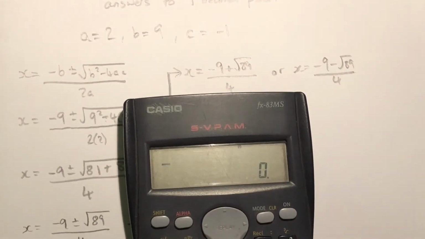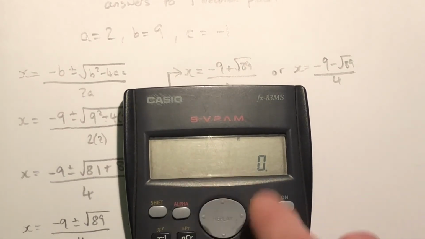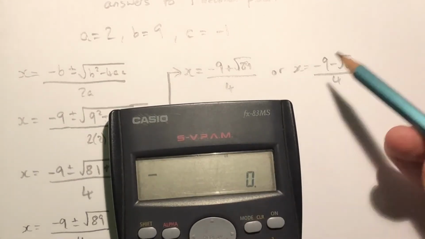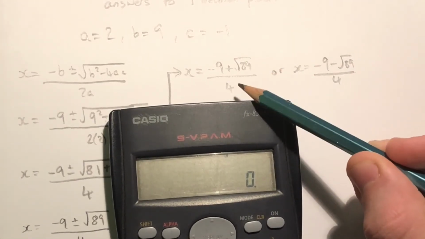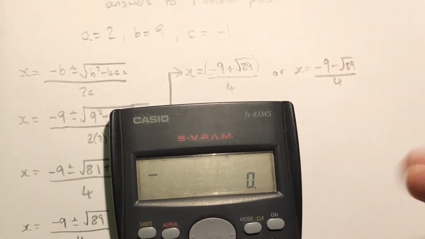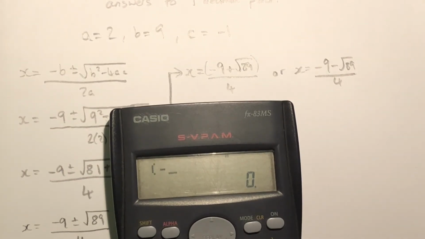So here we go. It doesn't matter how old the calculator is, so long as it's got the ability to have multiple functions on there. So we're wanting to have minus 9 plus root 89, then divide everything by 4. We need a pair of brackets around the top when we're doing this on the calculator, unless of course you have one of these nice calculators with the fraction button included.